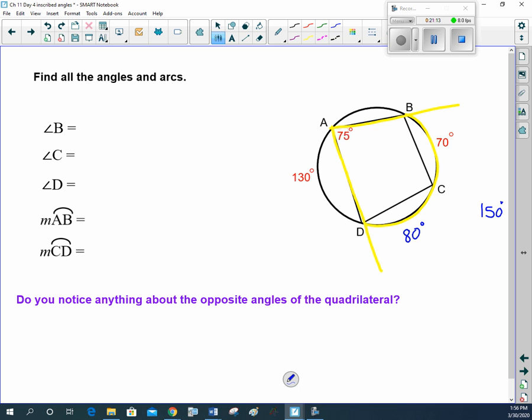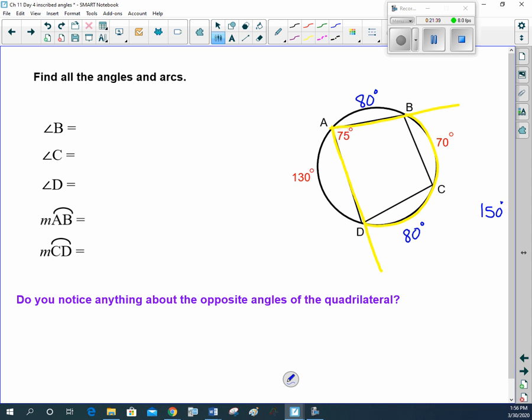So that kind of helps me out a little bit. What else could I do? I know that all the way around a circle is 360, so I could find this missing arc measure AB. I have 360 minus 130 minus 70 and minus 80. That would give me 80 right here.